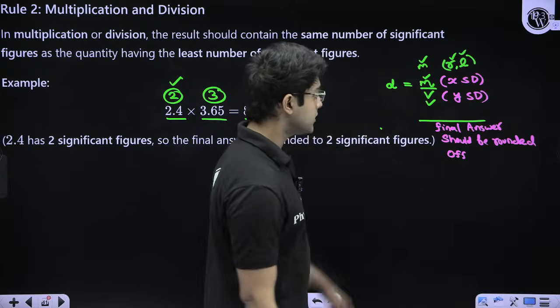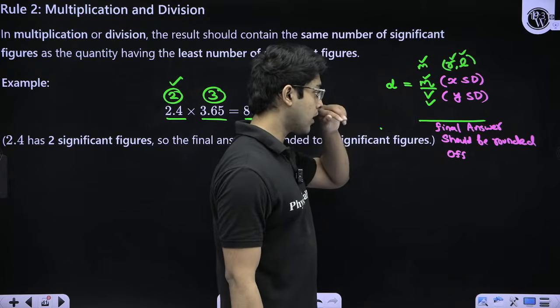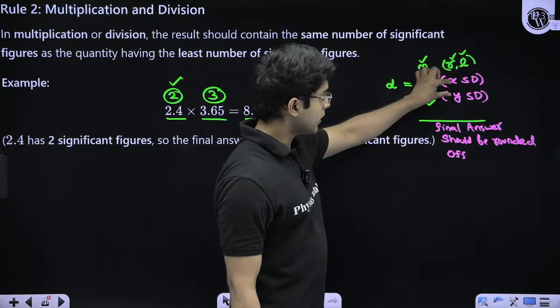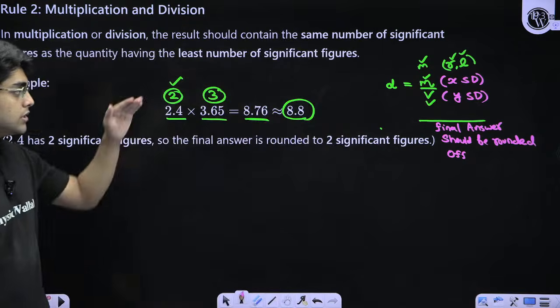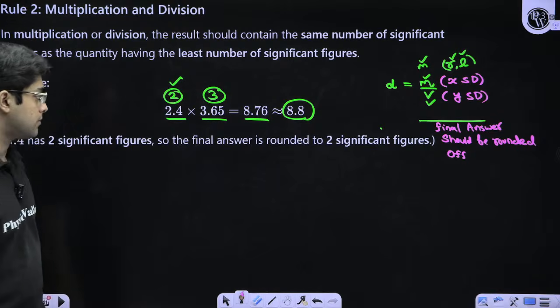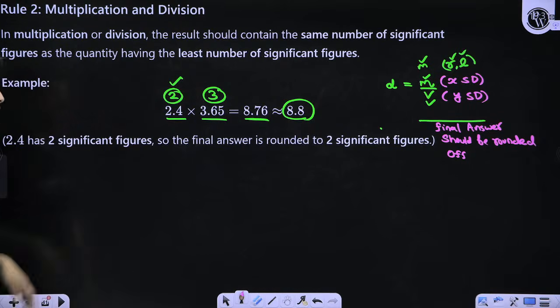And how many digits should it be rounded off to? That depends on x and y. Whichever is lesser, that many digits should be there in the final answer. So that's the rule for multiplication and division.